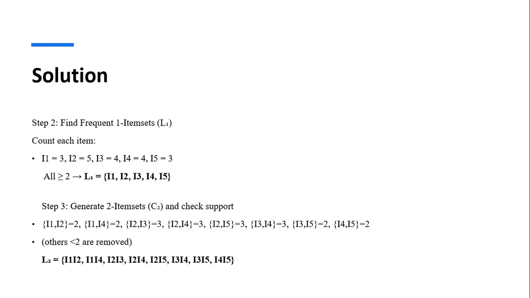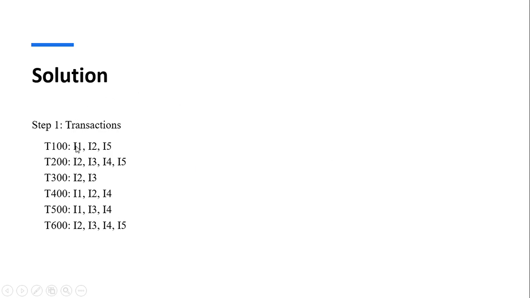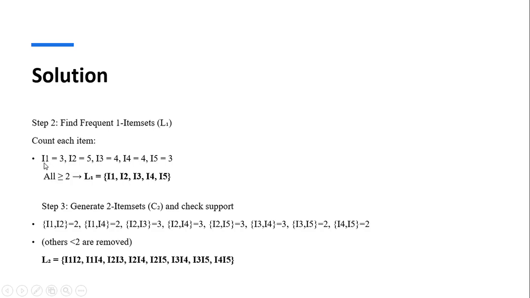We have to find the frequency of the item sets. So let us check in our transactions how many times I1 is present. You can see it is present in the first transaction, then in the second, fourth, and fifth transactions. So it is present 3 times. So we will write I1 is equal to 3.